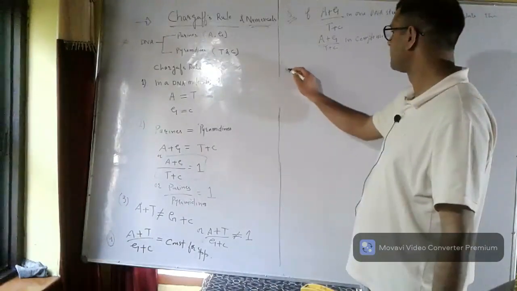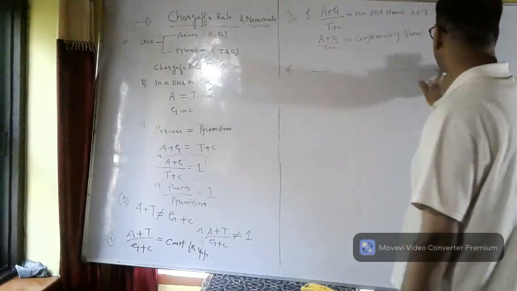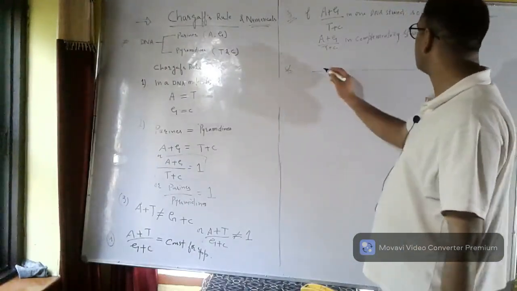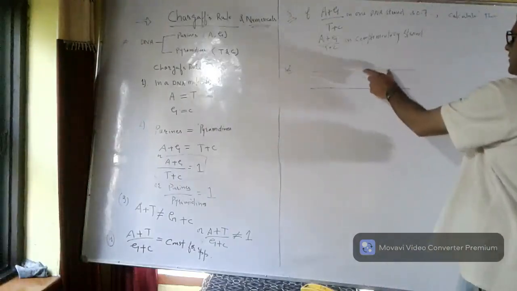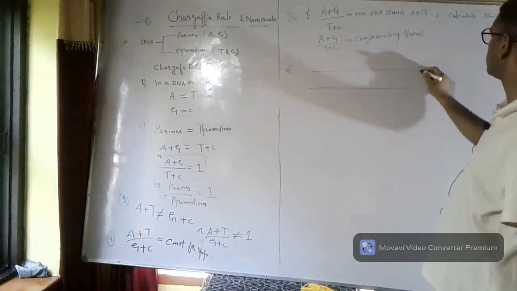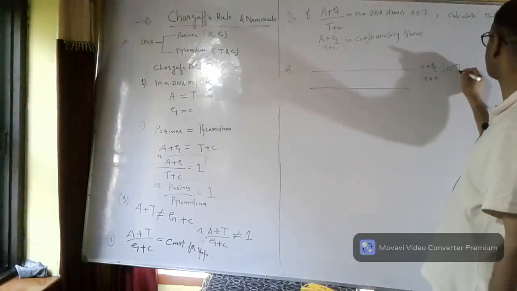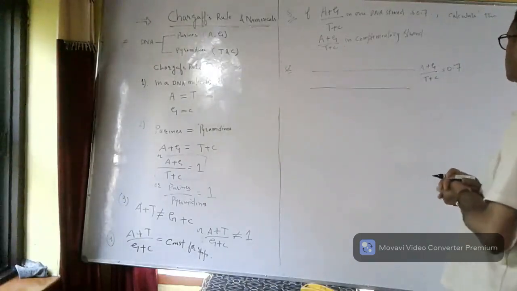Solution. We have two DNA strands. In one DNA strand it is 0.7. For example, this is one DNA strand and this is another DNA strand. In this, adenine plus guanine by thymine plus cytosine is 0.7.